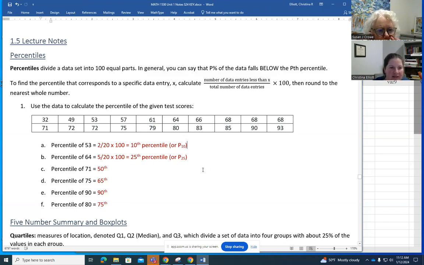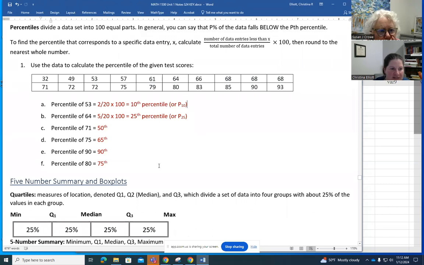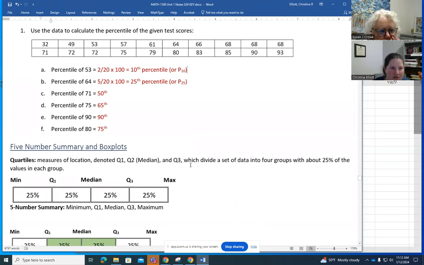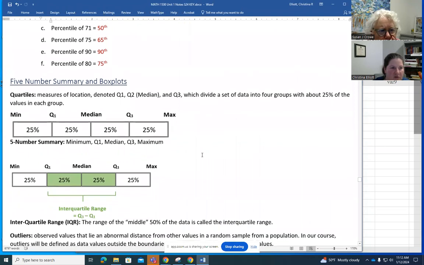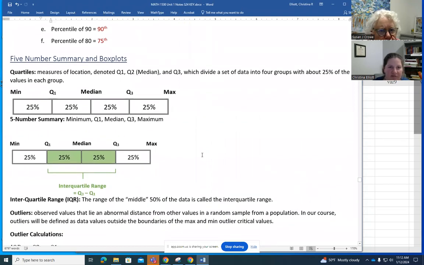One thing related to percentiles is quartiles. Quartiles divide the data into 4 equal groups of 25% rather than 100 equal groups of 1%. The first quartile is the same as the 25th percentile, so about 25% of the data will fall below the first quartile.